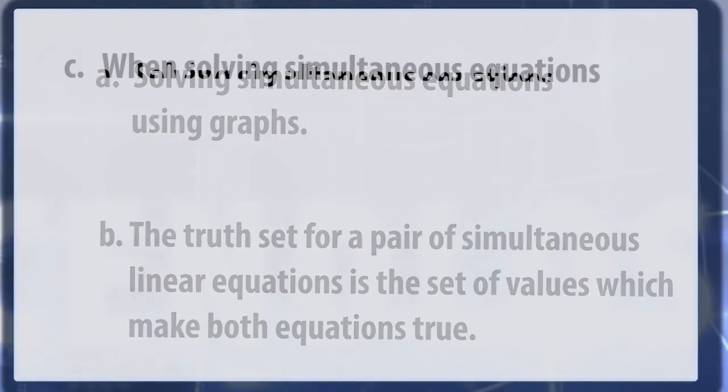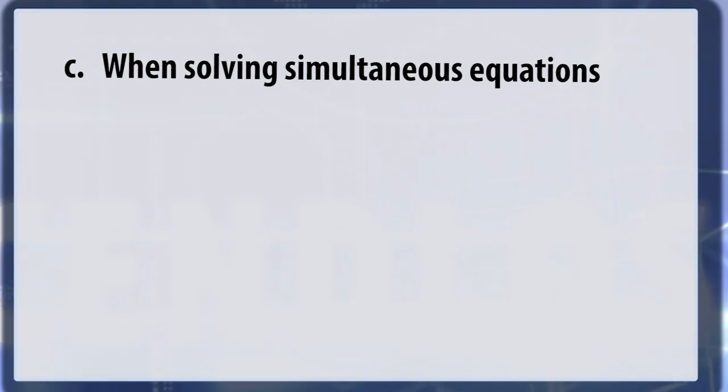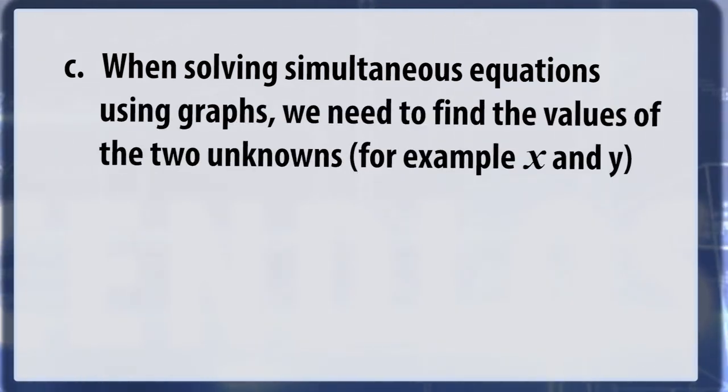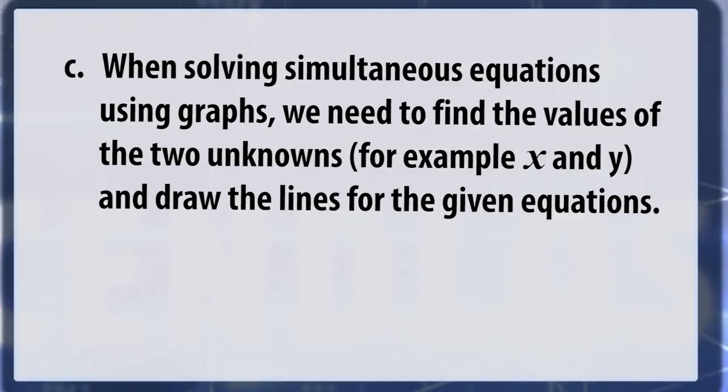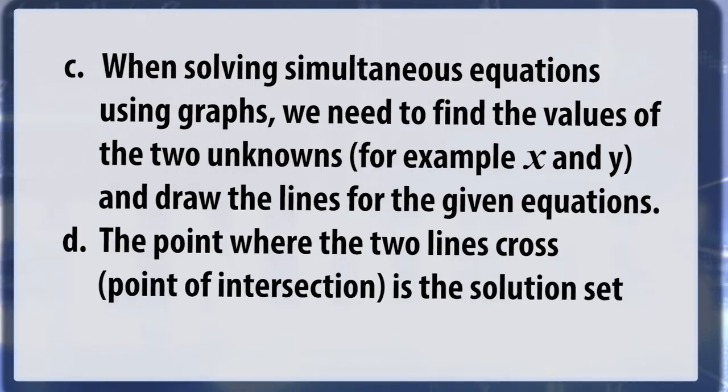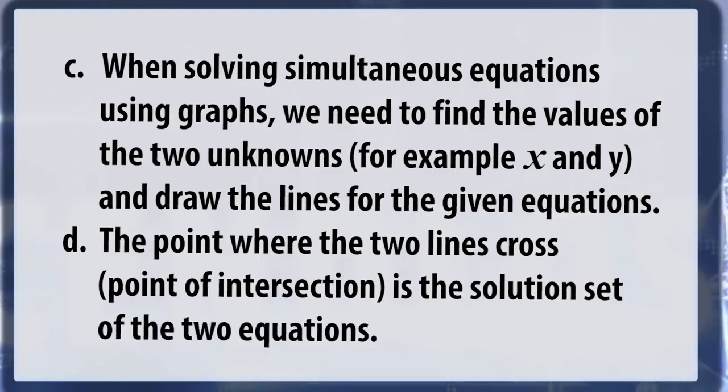We also said when solving simultaneous equations using graphs, we need to find the values of the two unknowns, for example, x and y, and draw the lines for the given equations. We also said the points where the two lines cross or meet is a point of intersection, and that is the solution set of the equations.